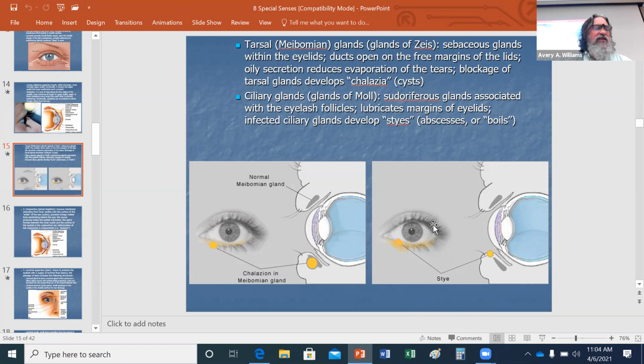I've never heard of anybody call it a chalazion, but that's a thing, I guess, or a cyst. I think most people call them cysts, but anyway. The sebaceous gland opens at the surface of the eyelid.